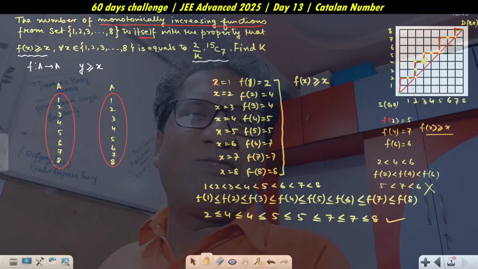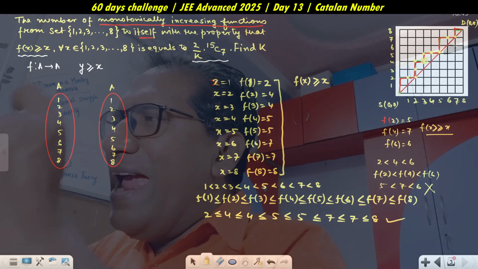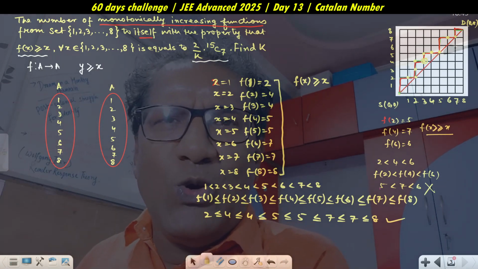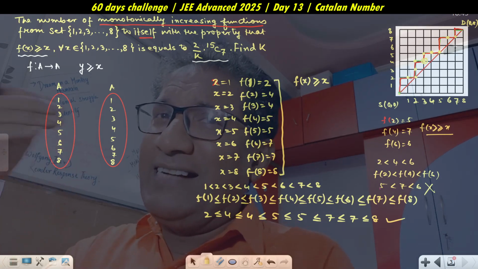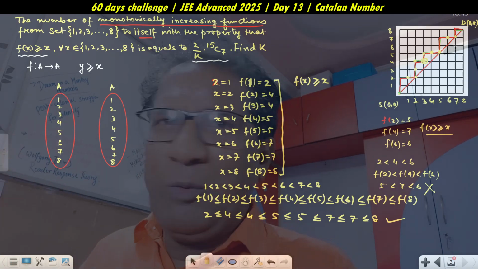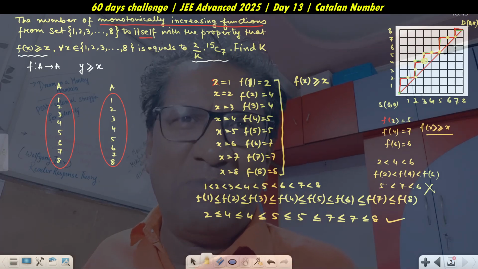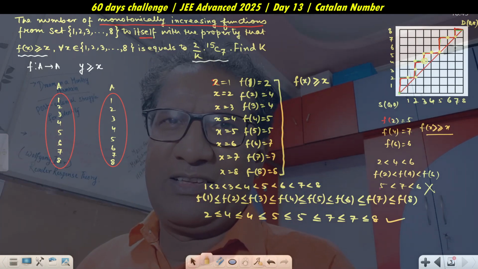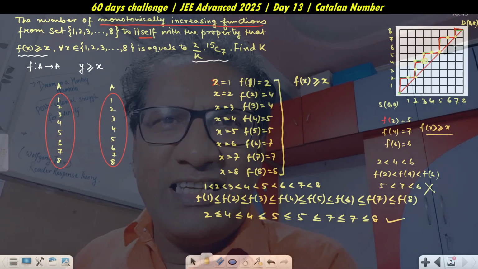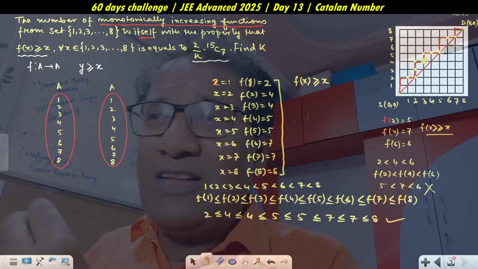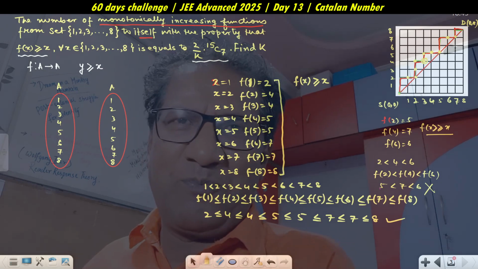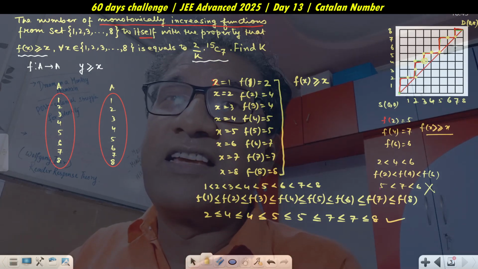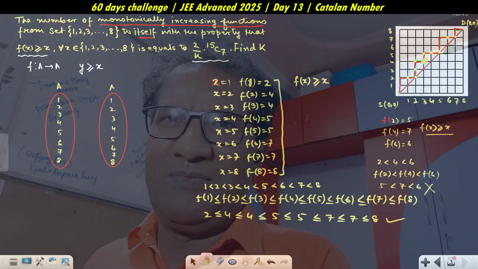Yes, it is satisfying. So any path you choose above the diagonal, which is a good path in Catalan number language, will satisfy the lattice points that we are getting, and will satisfy the given 2 conditions.